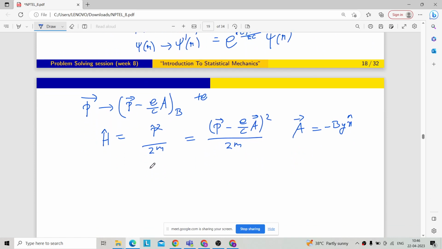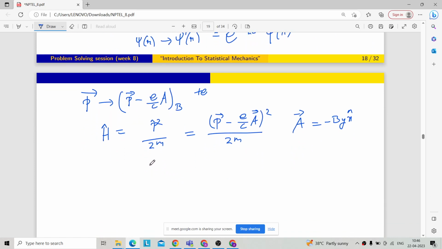Now I can write this Hamiltonian explicitly as px, this is the x component, so px will be changed: px minus e over c, and minus By is there, so it will be plus By, whole square divided by 2m.